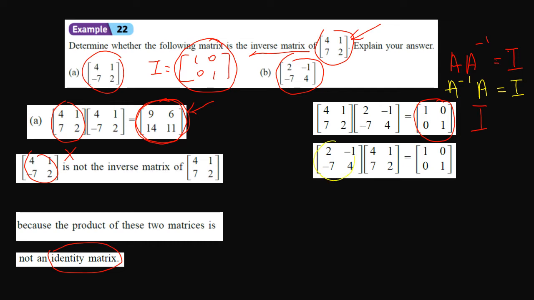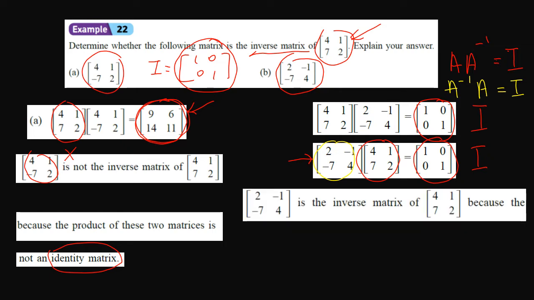We try to put this one first and multiply with the original matrix. Oh yes, we also get the identity matrix.